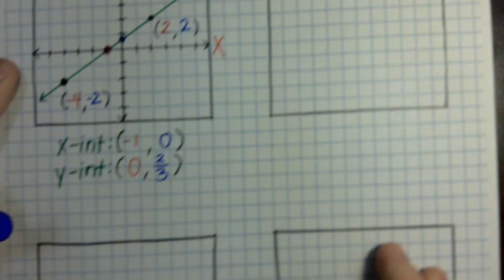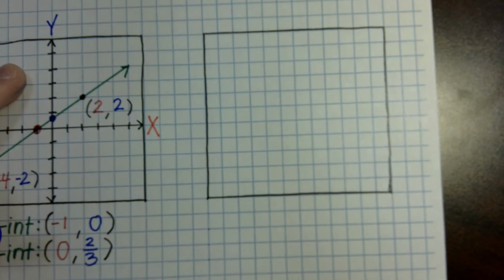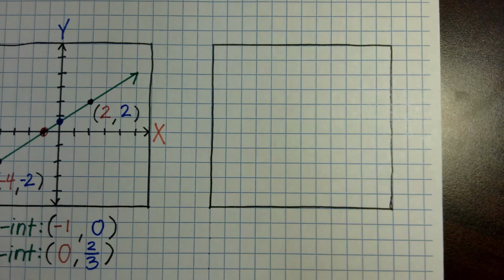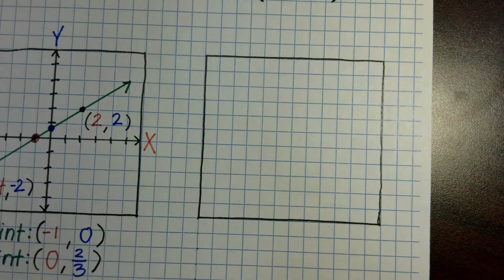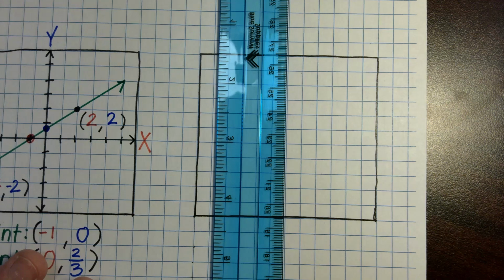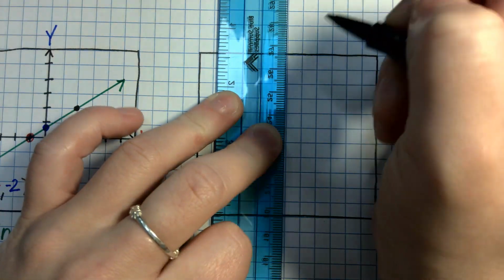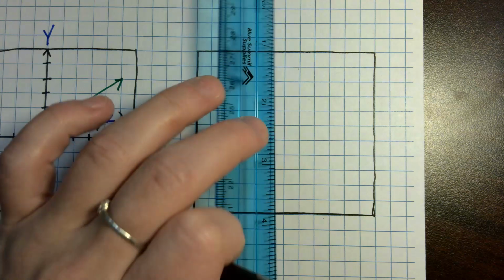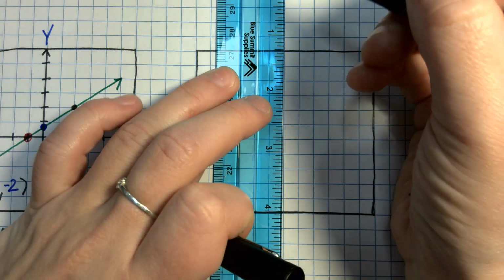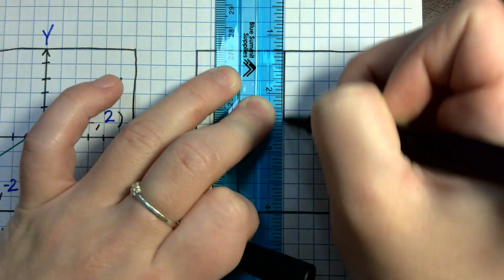All right, let's do another. Practice drawing your x-axis and your y-axis again. This time, let's make our tick marks a little further apart. I might do every other so that it's a little easier to see what's going on.